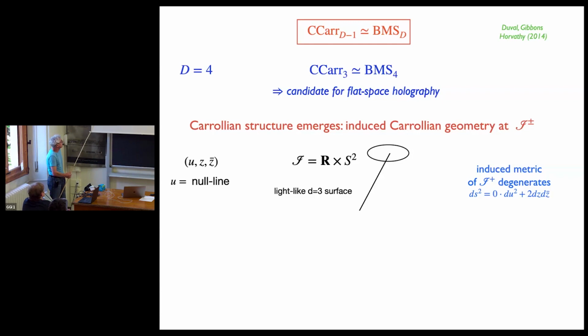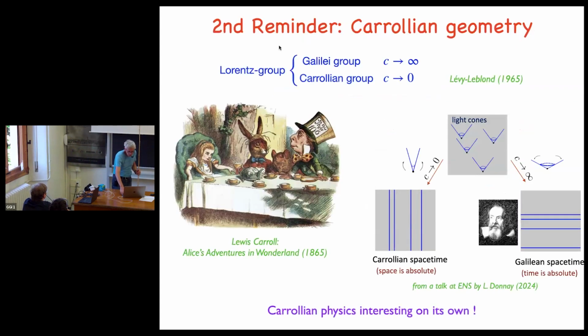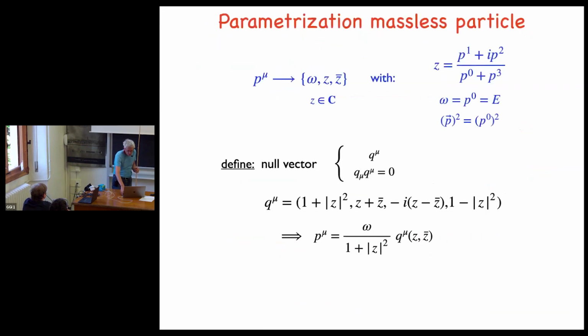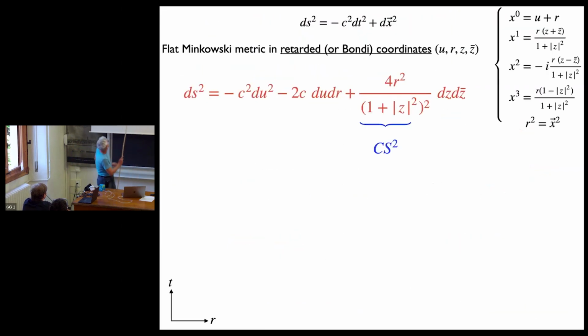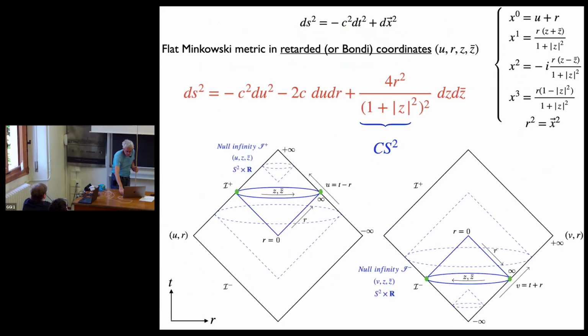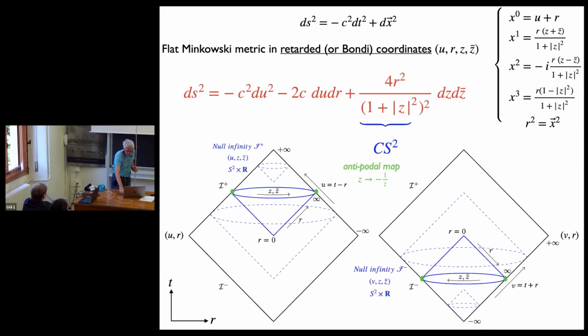As I said, it emerges from sending the speed of light to 0, which in principle strictly means that, in the Bondi metric I showed you before, you have 0 times du squared. That's why I put the speed of light here. That term becomes essentially 0, but you have to do a double scaling limit in order to see what the geometry is.